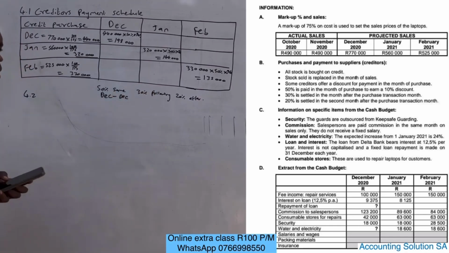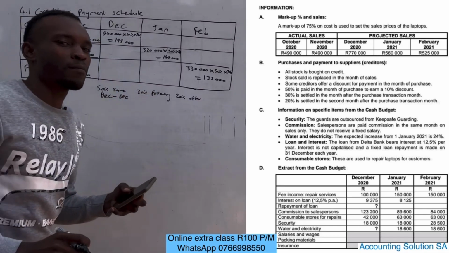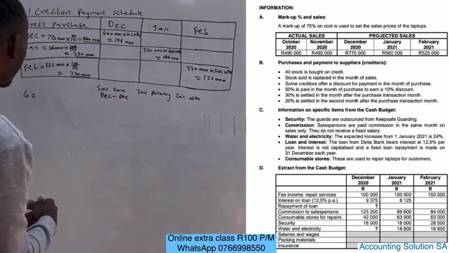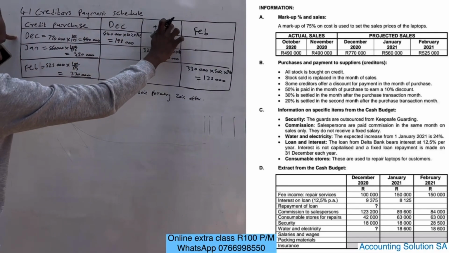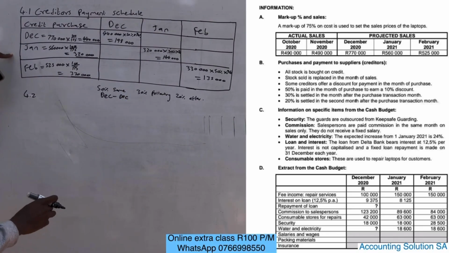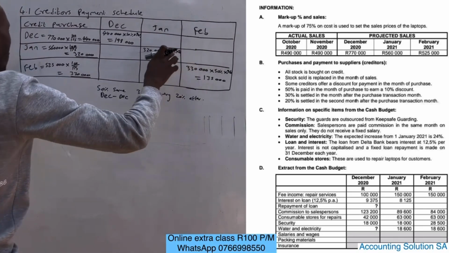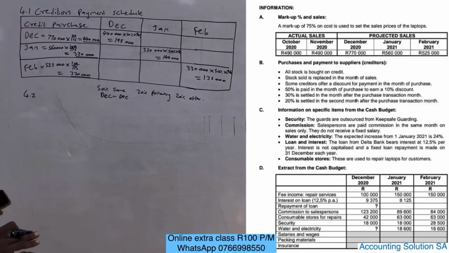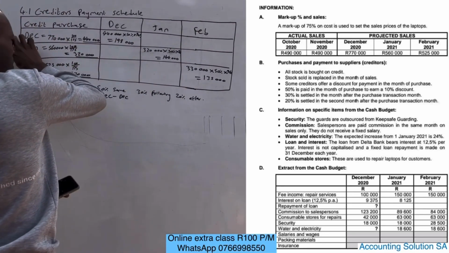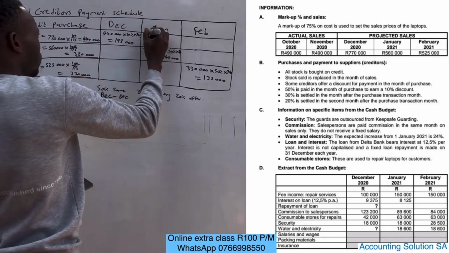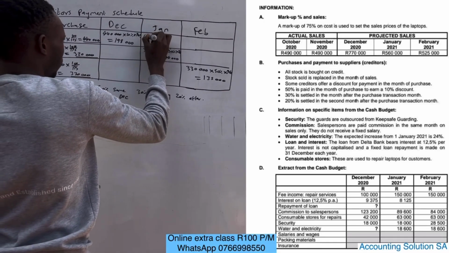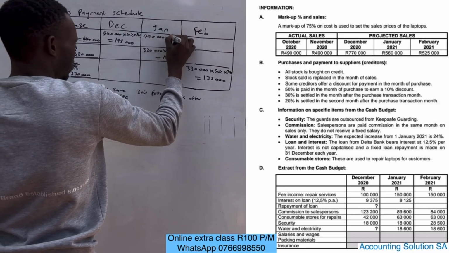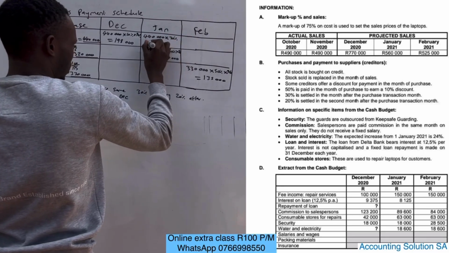Now when we go to 30%, following month, if we were on December, the following month is January. If you were on January, the following month is February. If you were on February, the following month is March. Just like that. December, January is going to be the following month, and we said 440 multiplied by 30%, and we get the answer.